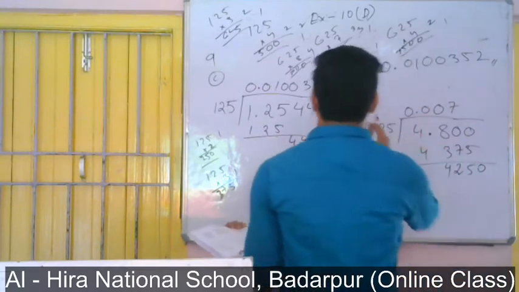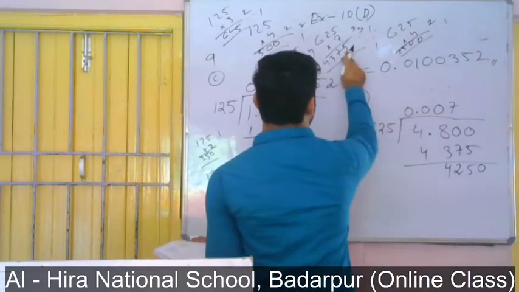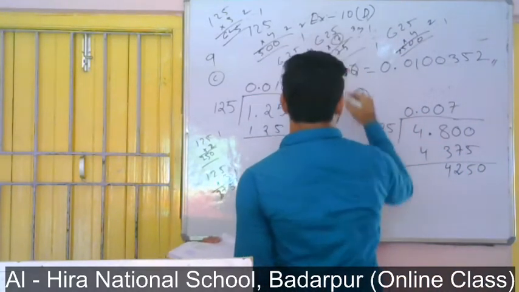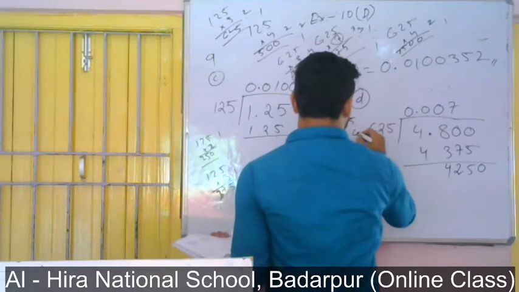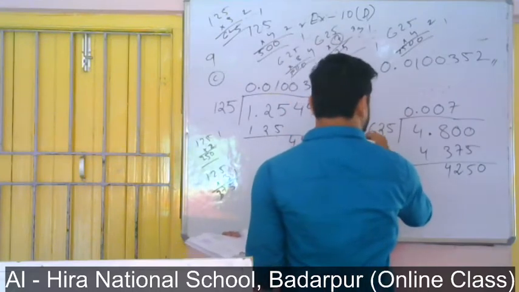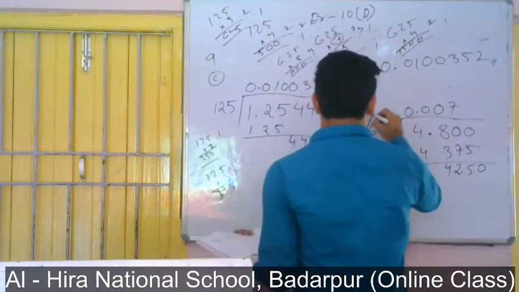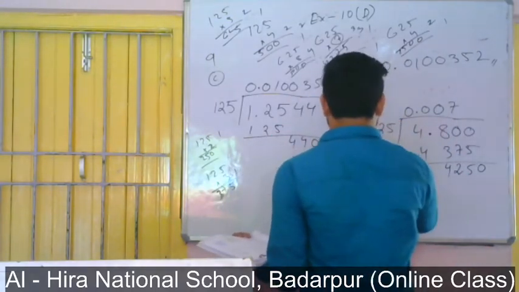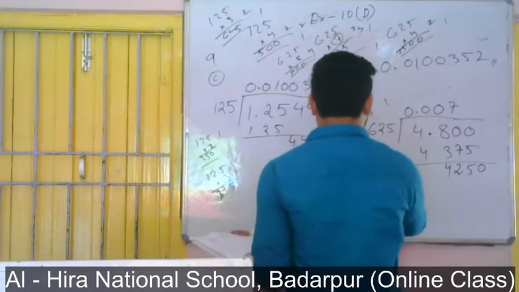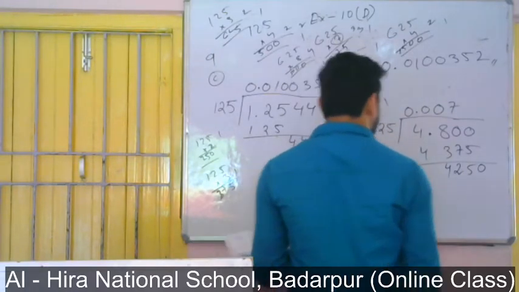Let us check with 4375. So let us check with 6. 6 5s are 30, then remain 3. 6 2s are 12, 13, 14, 15, and remain 1. 6 6s are 36 and 1 is 37, 3750.